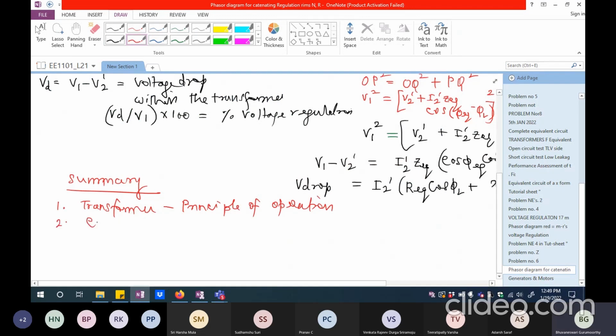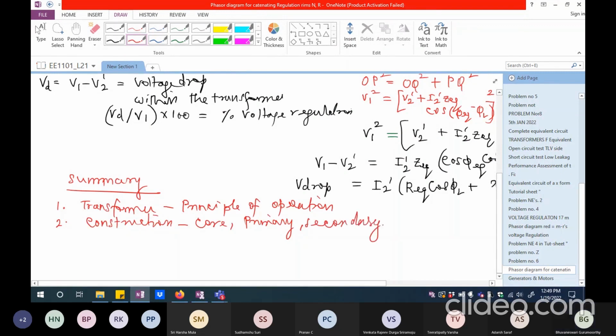I also talked a little bit about construction, because I said it will be made up of laminations and then iron core or ferromagnetic core, around which we are going to have windings, primary and secondary. So we talked about that first.